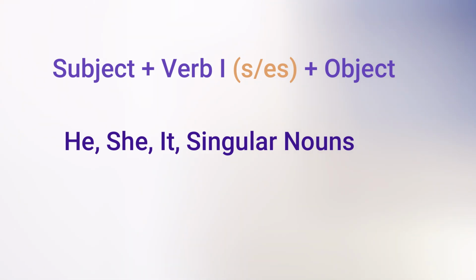This is another pattern of making an affirmative sentence under simple present tense, and you have to use this pattern with he, she, it and other singular nouns. It means you have to use this s or es with the third person singular. That is very important here, right?